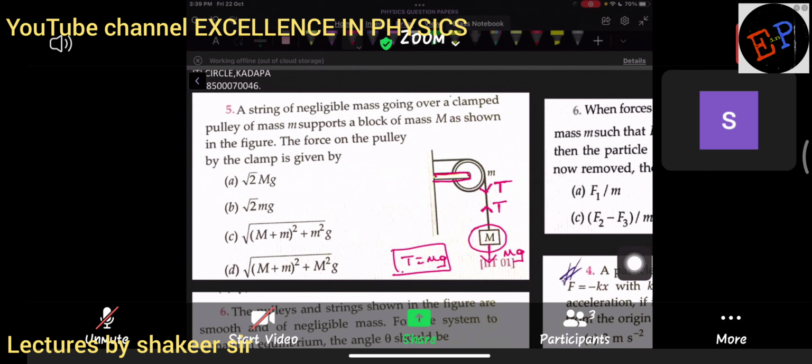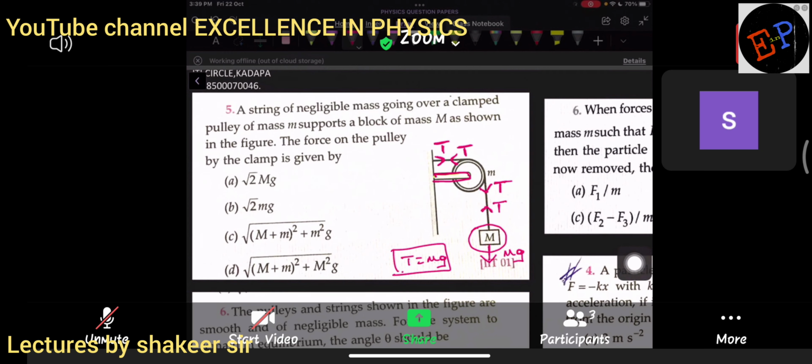Similarly, the same tension is pulling this wall towards the right side, and again the same tension is pulling the pulley in this direction, because we already discussed the direction of tension: it will be away from the end. So on the pulley, totally how many tensions are acting? Two tensions are acting. That's all.